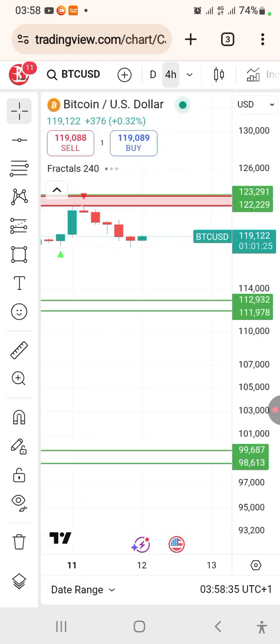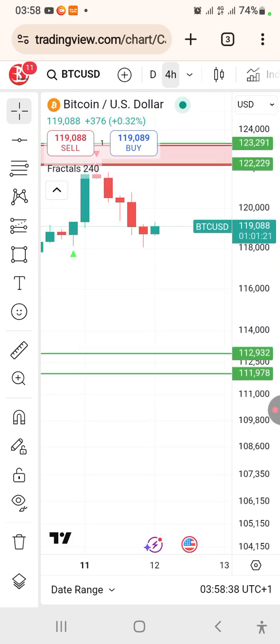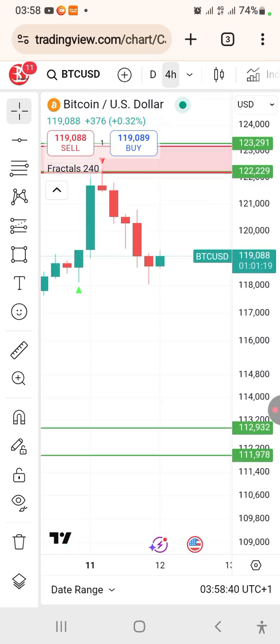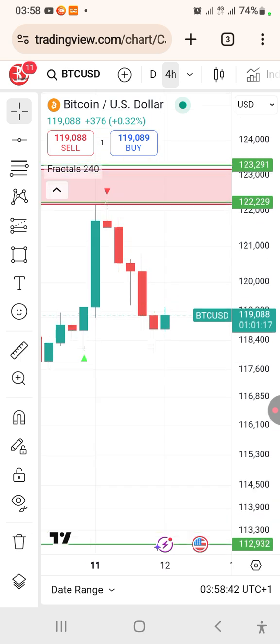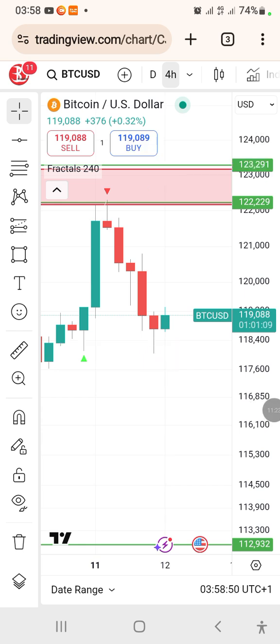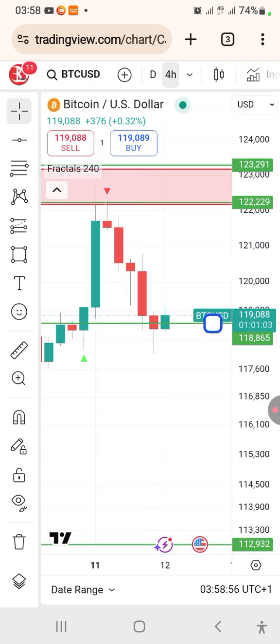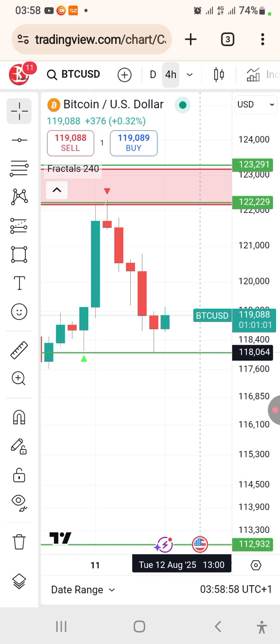Let's check the 4 hour. Now on the 4 hour, I'm seeing a sign of support here by the fractal. So all you need to do now is fix another horizontal line of resistance, fix it there.